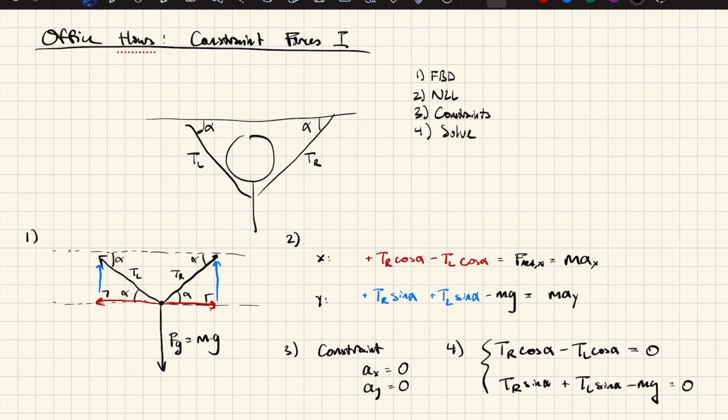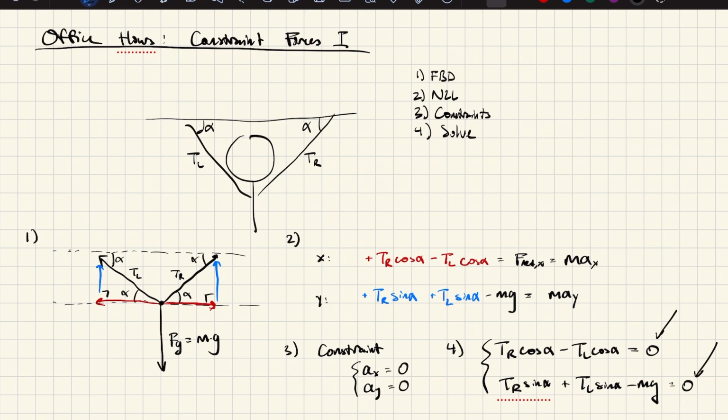So along this way, one thing that I want you to notice is that it was really important for us to be able to say that the constraints were that the accelerations in both directions were 0, right? If we didn't, what we'd have is two Newton's second law equations where both of the right-hand sides would be m times ax and m times ay, which introduces two new variables, right?